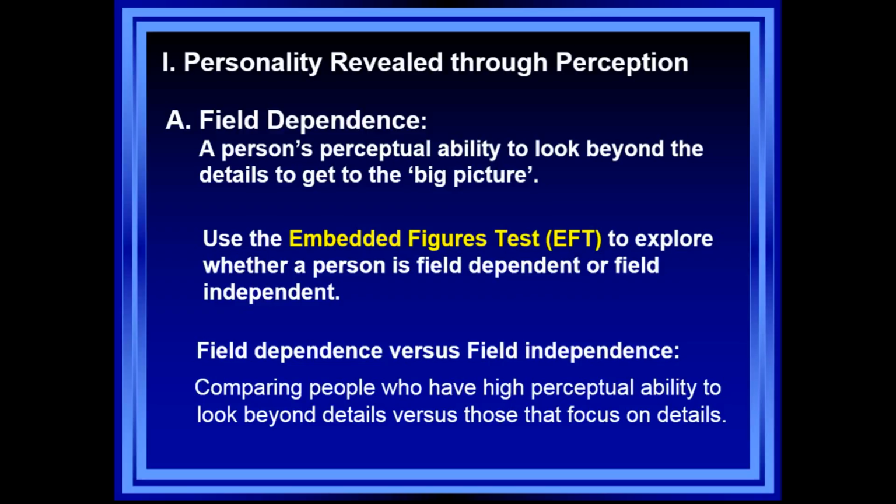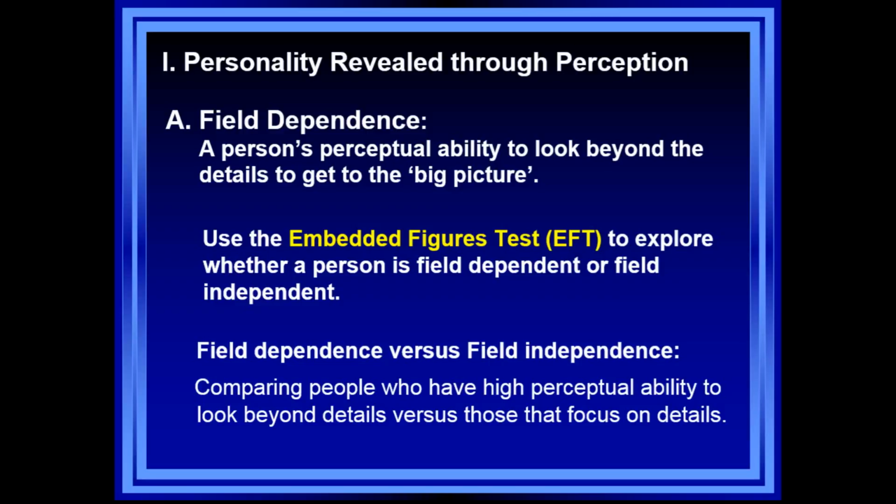And it's really just in general a person's perceptual ability to look beyond the details to get to the big picture. That's in general what field dependence means. So a person's perceptual ability to look beyond the details to get to the big picture of something, of anything, of a situation, of an object, of a picture. As a matter of fact, researchers use the embedded figures test, EFT, most often to explore this thing called field dependence.